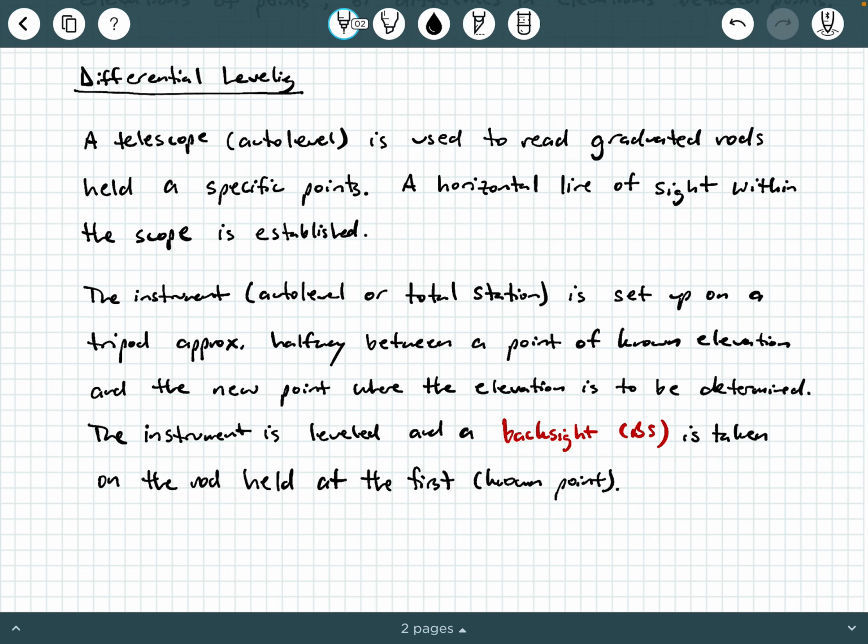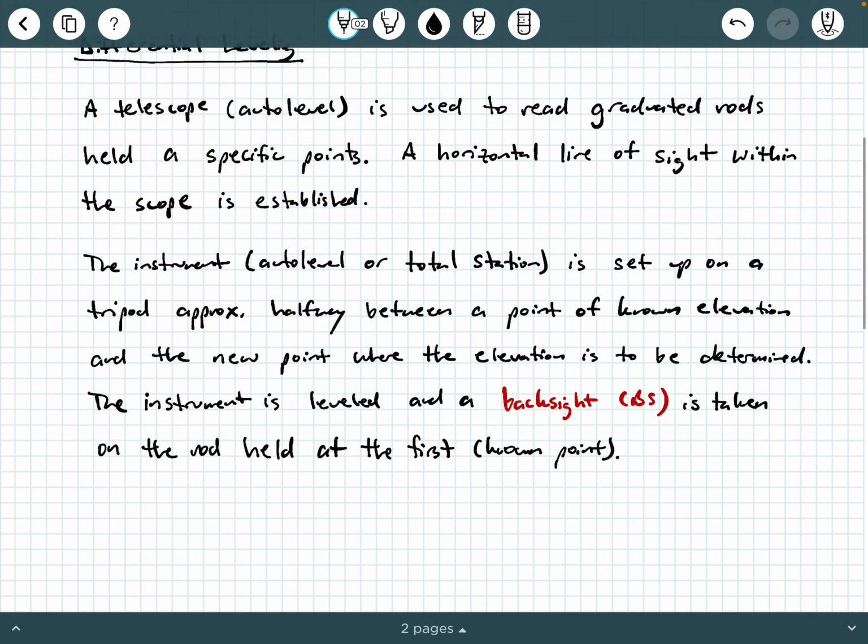Basically, you have someone looking through the auto level scope, which looks like a small telescope, and they're reading a value off of this graduated rod that's being held at the point where you already know the elevation. This is the reading on the rod held at the known point.